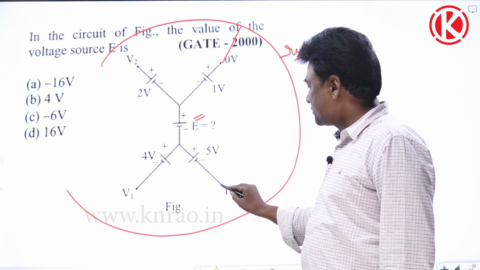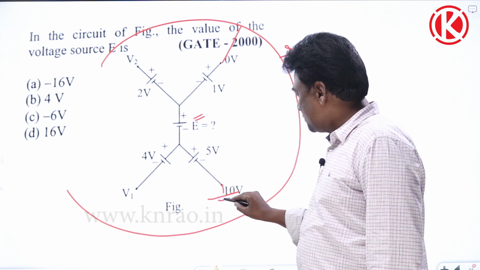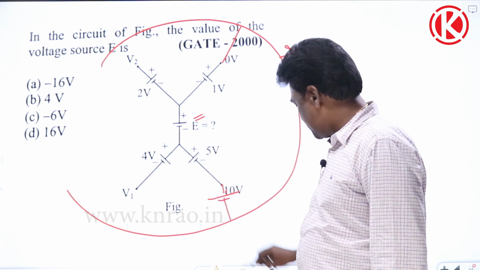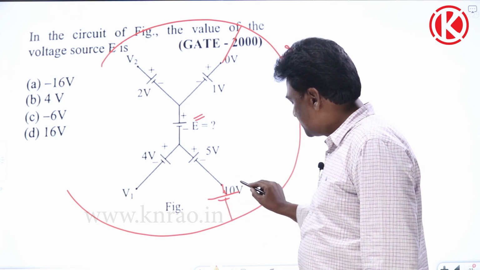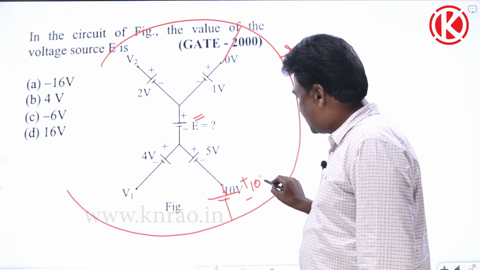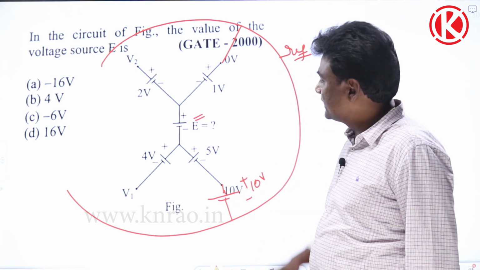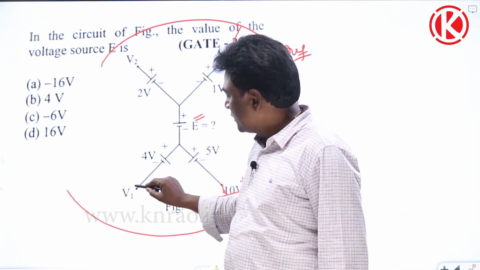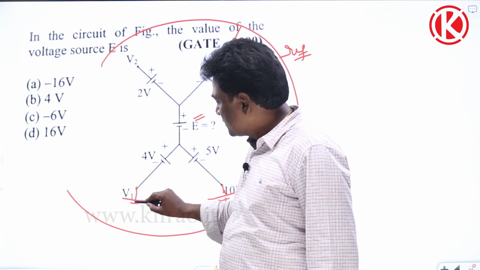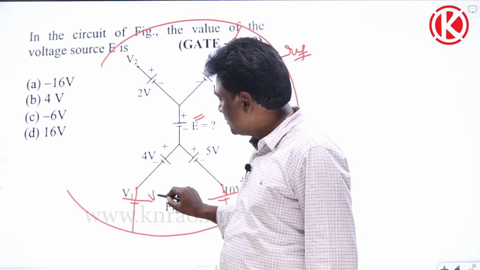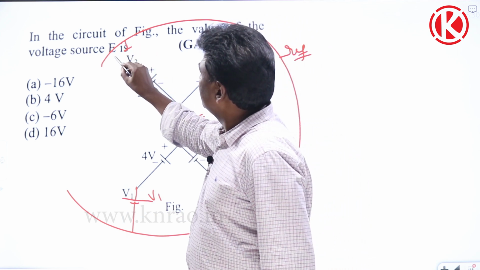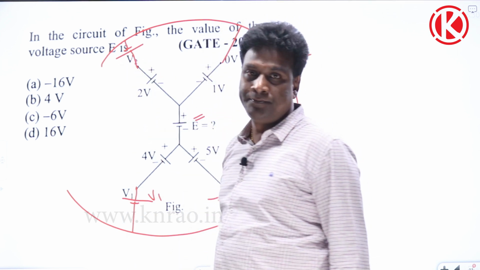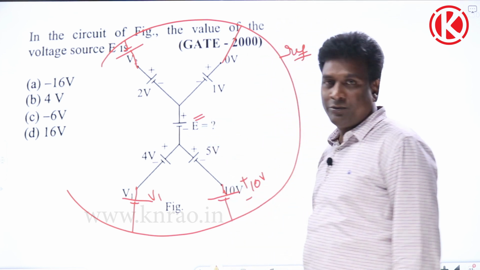And here 10 volts, meaning that with respect to some reference, this is 10 volts. This terminal is connected at V1, so with respect to reference, this is at a higher potential of V1. And this is at V2, so with respect to reference, this is at a higher potential of V2. Now E has to be found.